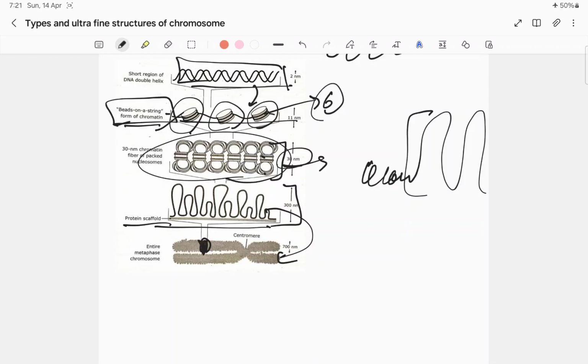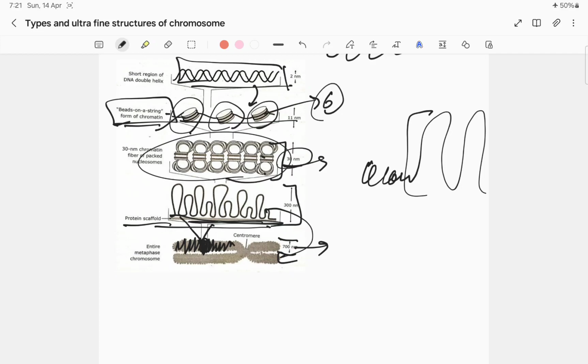Here you can see this small part is this one. So much protein scaffold will be forming, and the size of this is 700 nanometers. So this is the ultrafine structure of chromosome. The H1 proteins are always on the outside.